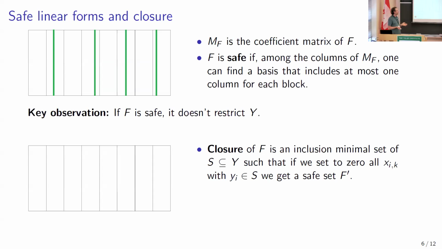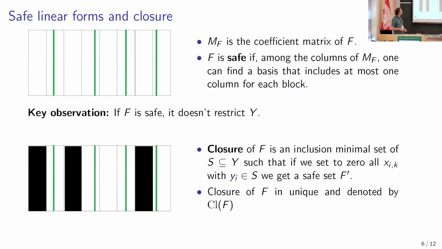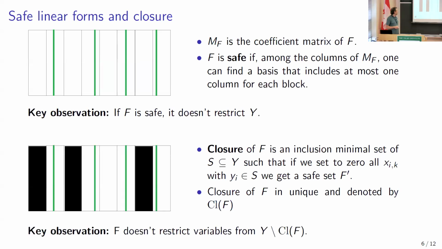And the closure is the inclusion-minimal set of blocks such that substituting zeros for variables from it, we finally get a safe set. It can be proved, though it is not so straightforward, that the closure is unique, and we denote it by closure of F. And it's rather easy to see that F doesn't restrict variables out of the closure, because when we substitute zeros for variables in the closure, we will get a safe set.